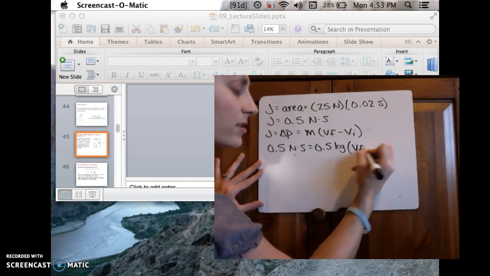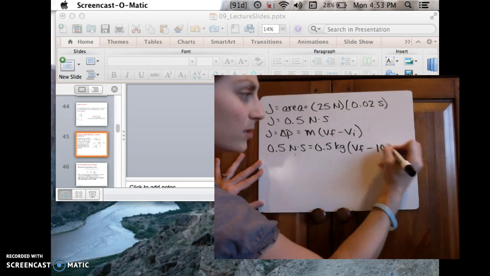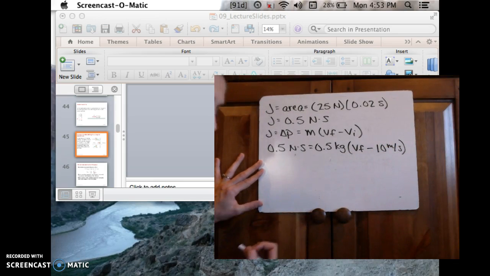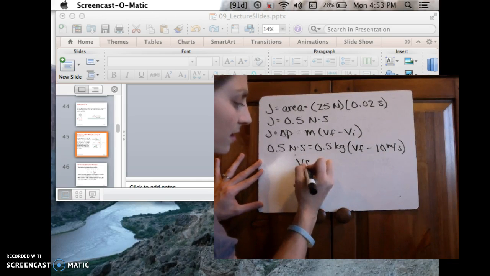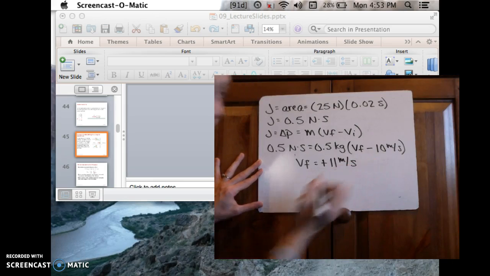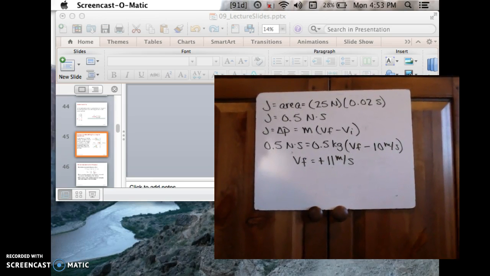Now v final is our unknown, minus v initial, which is a positive 10 meters per second. And we end up solving for v final to be equal to a positive 11 meters per second. Okay, so continuing to move forward.